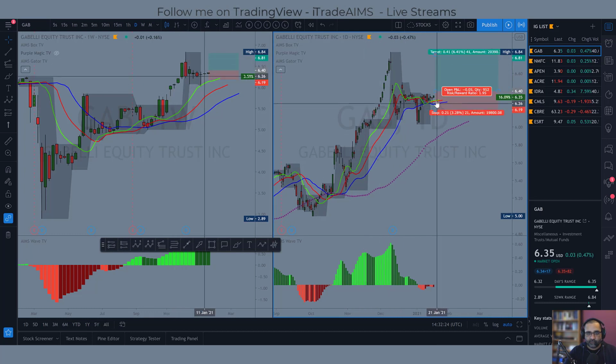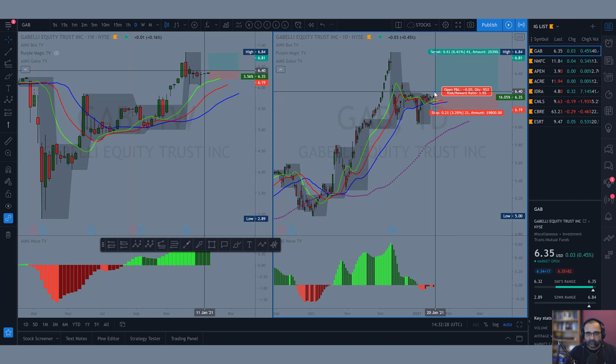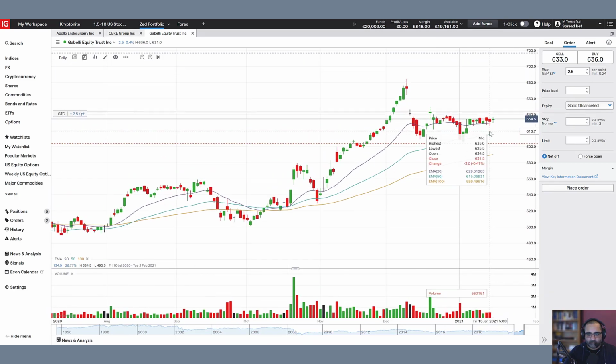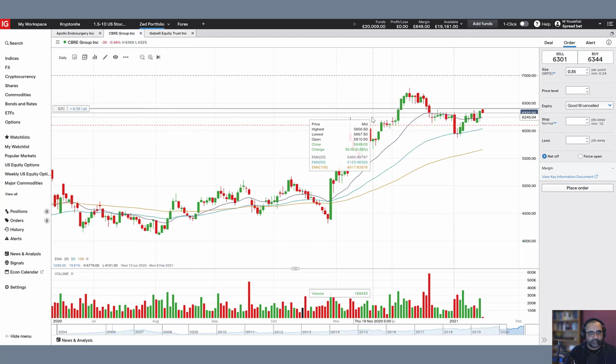So I deliberately chose this. It's a slow moving stock to start something. If it opens there, I don't know why they are not even quoting it. So this is it. It has opened and it's not moving so much, so we will have the order set there.